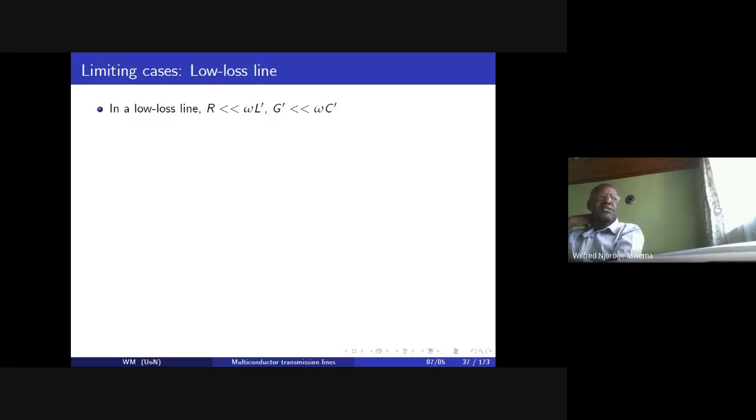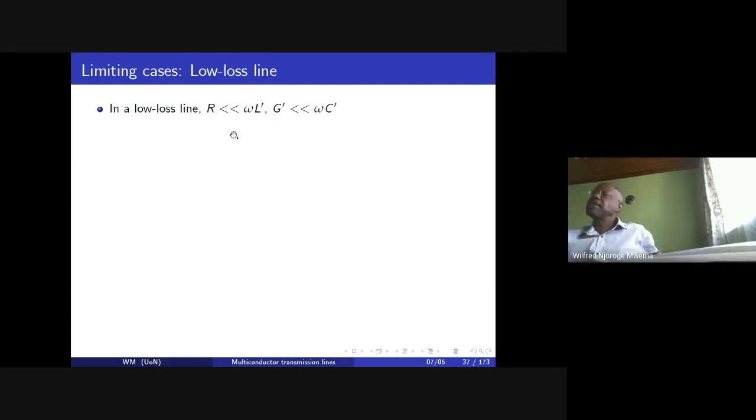The conductivity is large, but not infinite. The conductance per unit length of the dielectric is also not 0. It's finite, it's small, but non-zero, but it's much smaller than the capacitive susceptance.